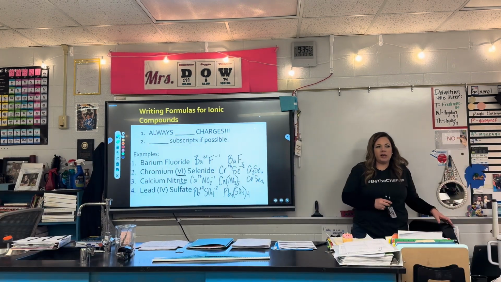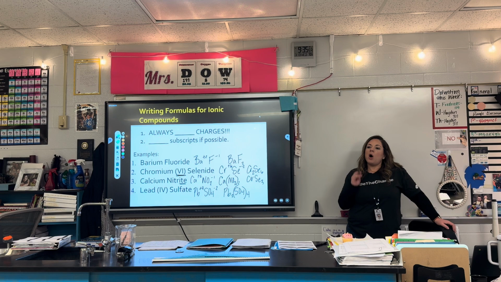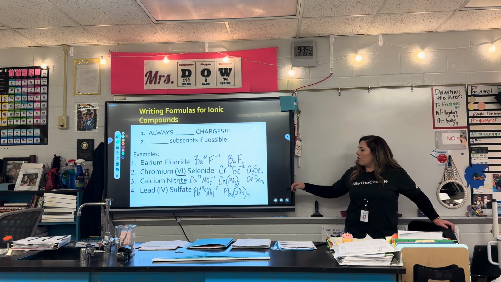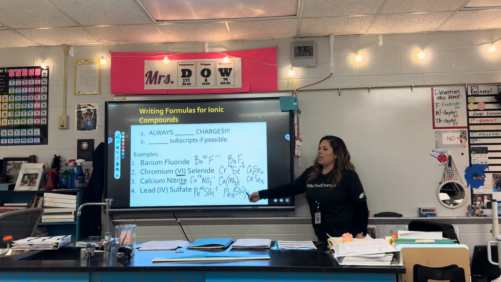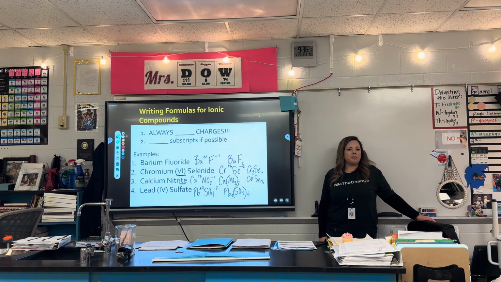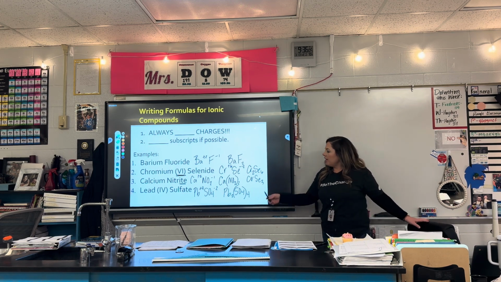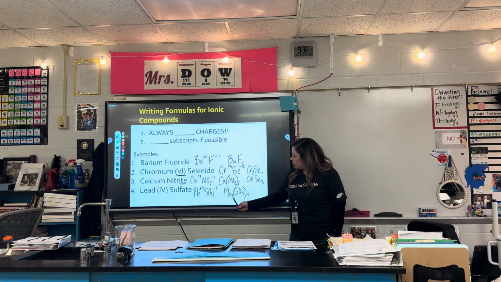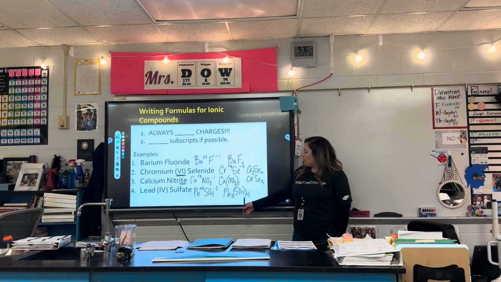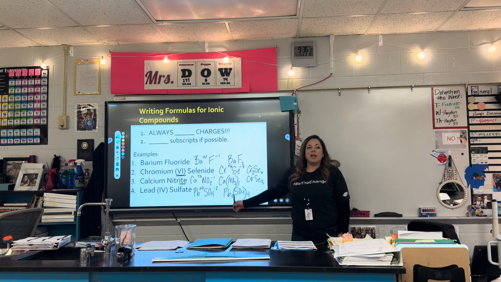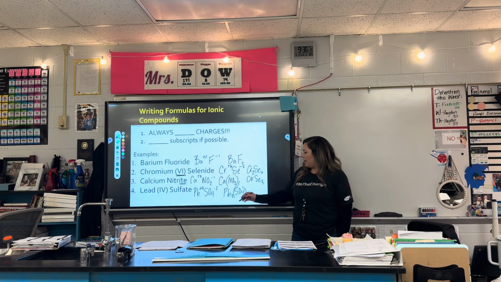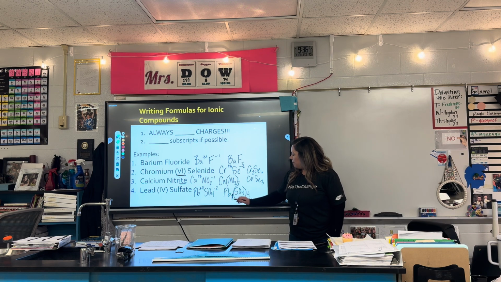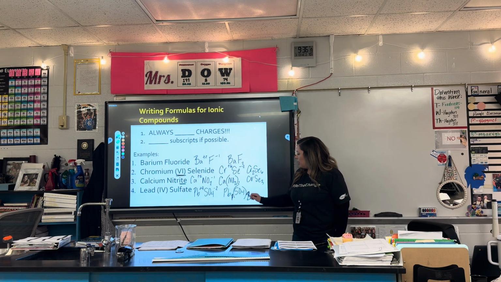Can I reduce it? Yes. What reduces? The 4 on the outside and the 2. Can the 4 on the inside of the parentheses reduce? No. Only our charges can reduce, which is the 2 and the 4 on the outside. The 4 on the inside cannot reduce because then it would no longer be sulfate. So this becomes a 1. This becomes a 2.